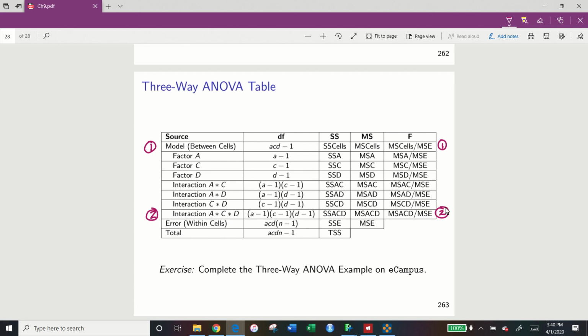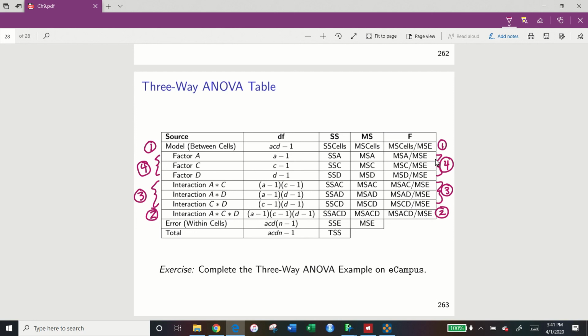If it's not significant, then we would start looking at our two-way interactions. And if none of those are significant, then that's when we start looking at our main effects F-test. And if those are significant, then we take a look at the contrasts that just involve those main effects that are significant. And that's about it.